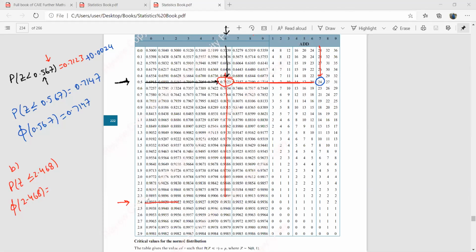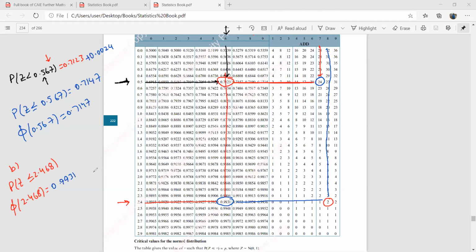This is your 2.4 here. You can use rulers if you have eyesight like me. So this is 0.9931. Then for this 8, you go further horizontally and see what is under this 8 over here. This is 2.